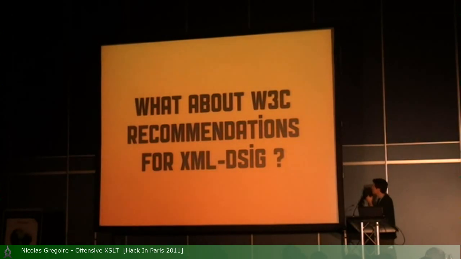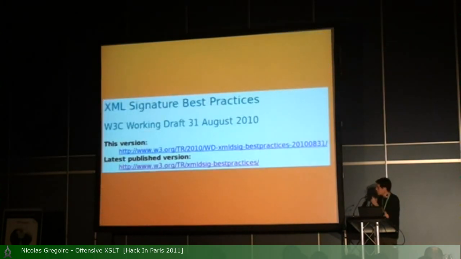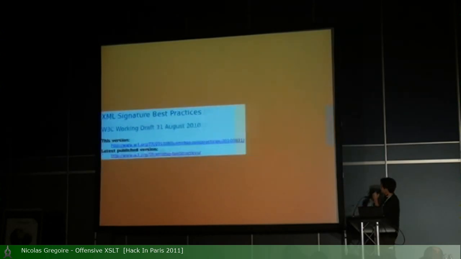So W3C edits the XML-DSig norm, and they published last summer a document about how to use XML-DSig in a secure way, and we will see that they have some very interesting advice.